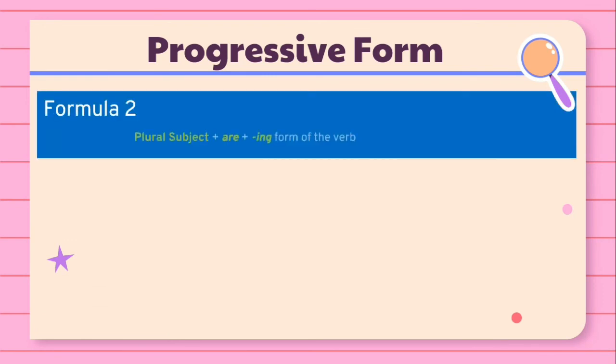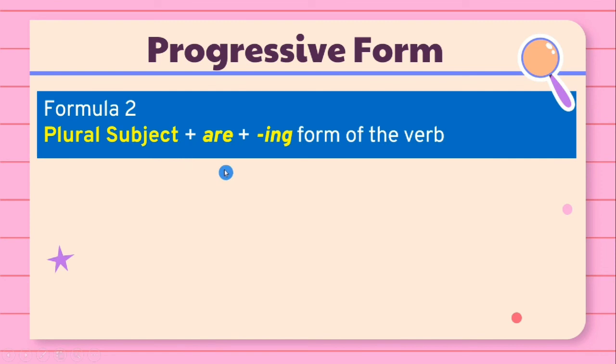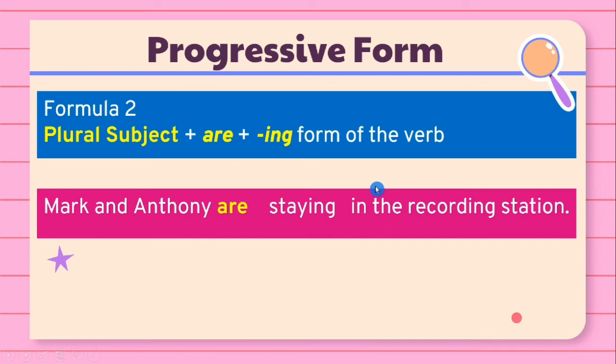Now let's move on to our second formula. We have plural subject plus are plus ing form of the verb. Let's have our sentence sample 1. We have Mark and Anthony are staying in the recording station. So why are we using are in our sentence? That's right. It's because we have a plural subject.